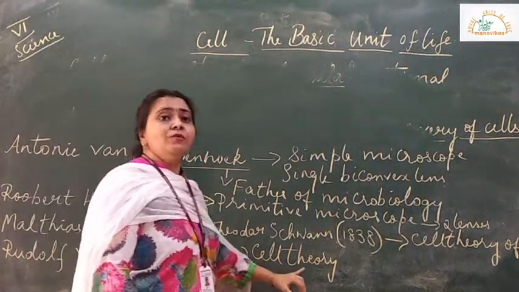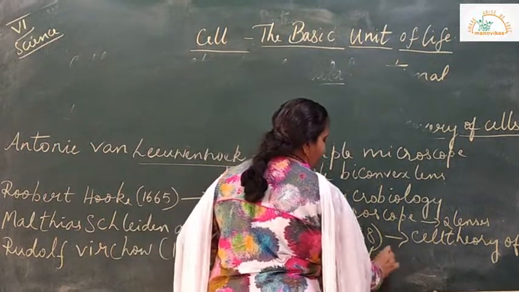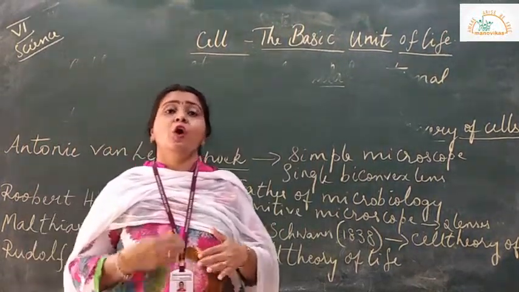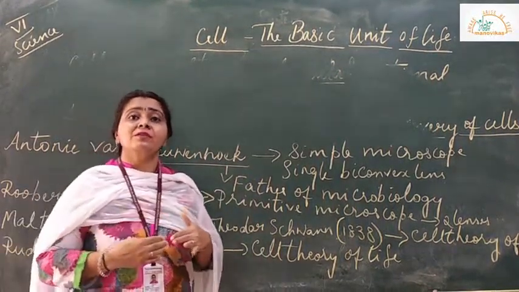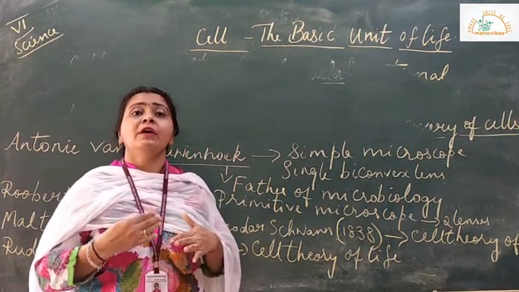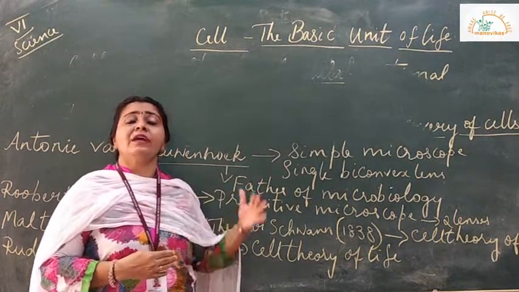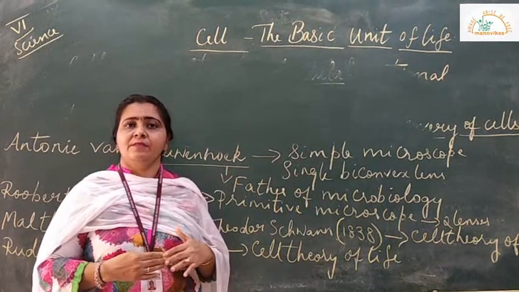Rudolf Virchow proposed the cell theory of life. He stated that all new cells are produced from the pre-existing cells. All new cells are formed from the pre-existing cells. So this is about the invention and discovery of cells.